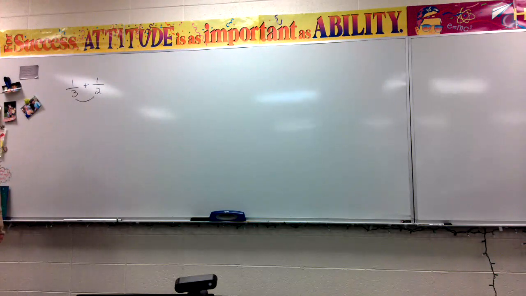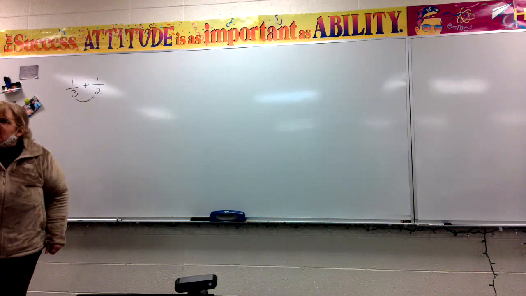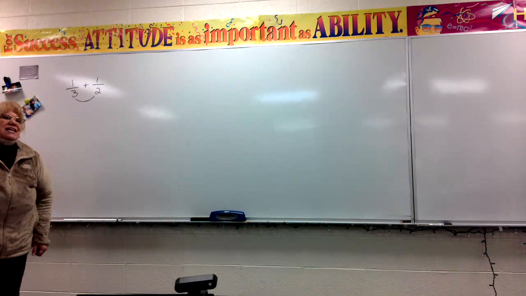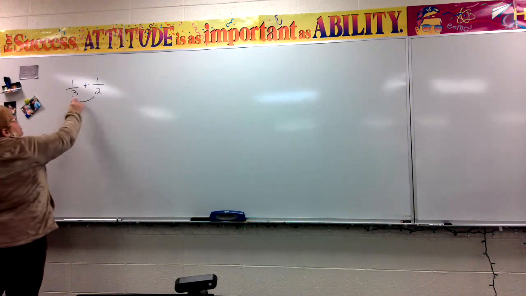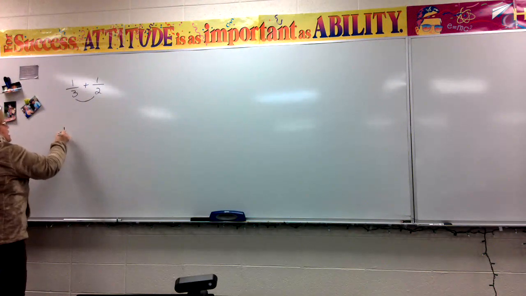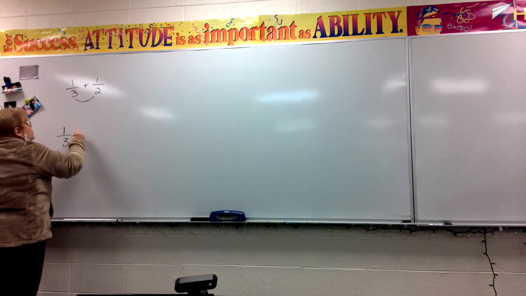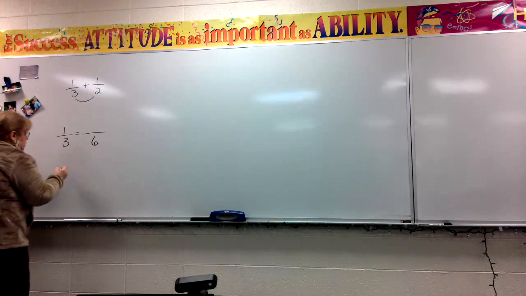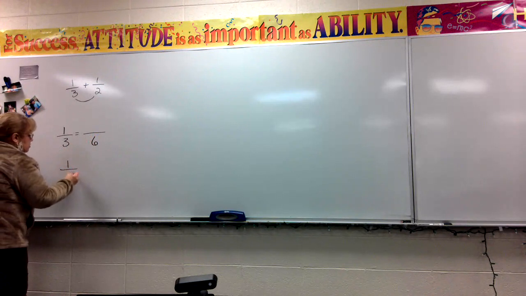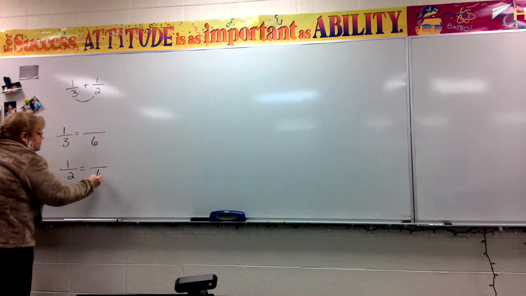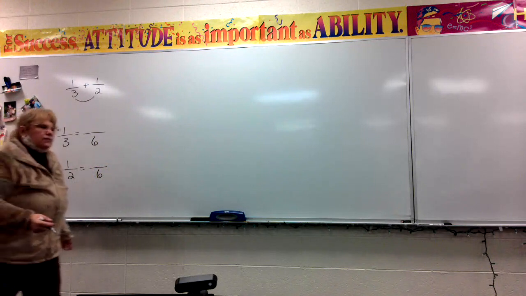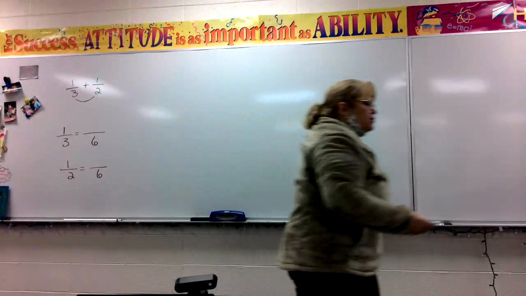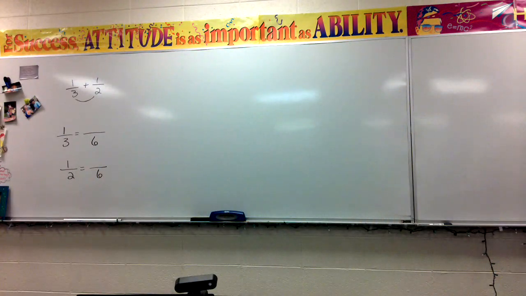And the lesson today is a lot about getting the equivalent fraction. If your common denominator is going to be 6, we need to find out what those fractions would be equal to if we got a denominator of 6.